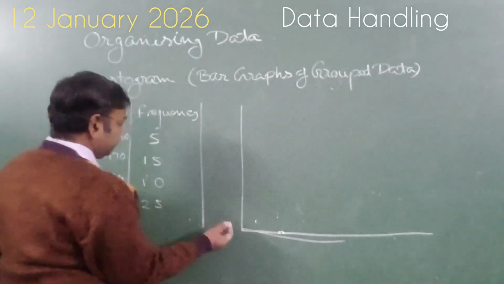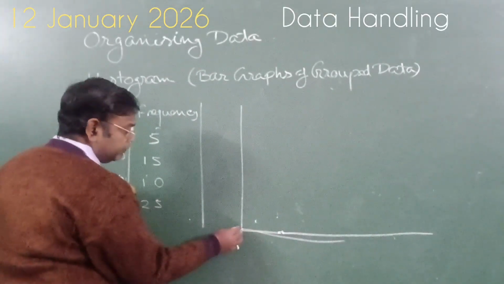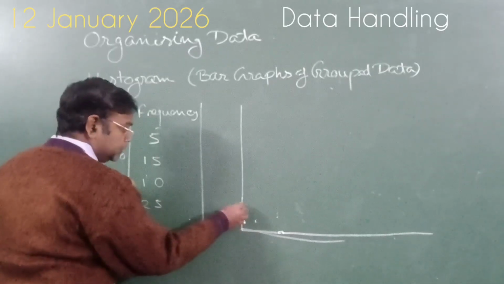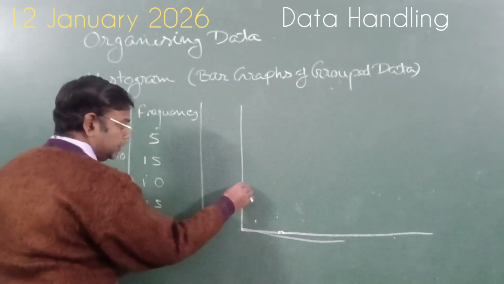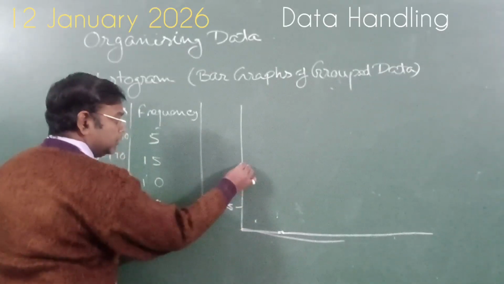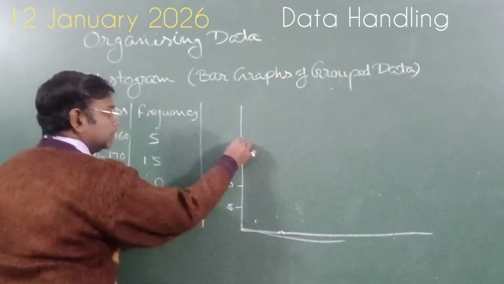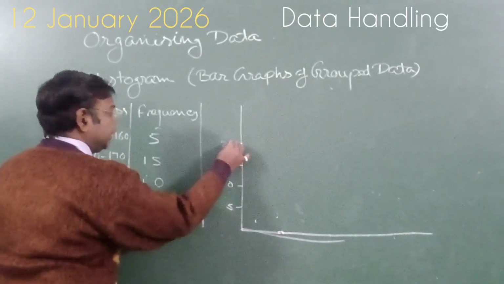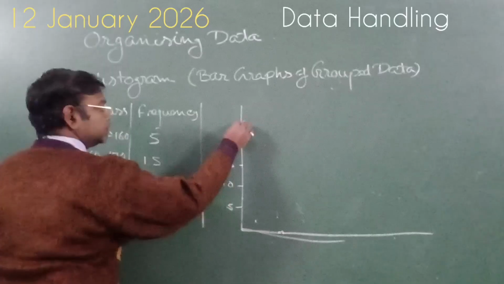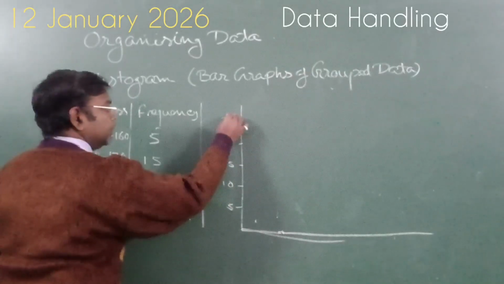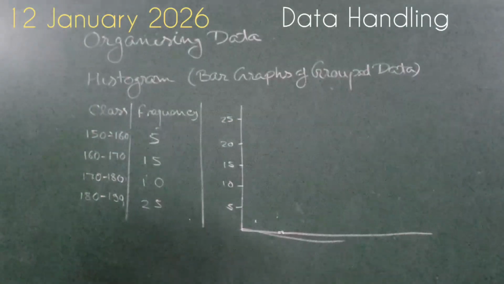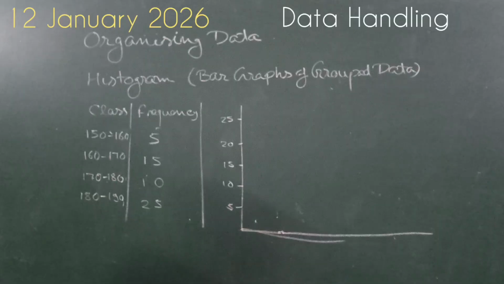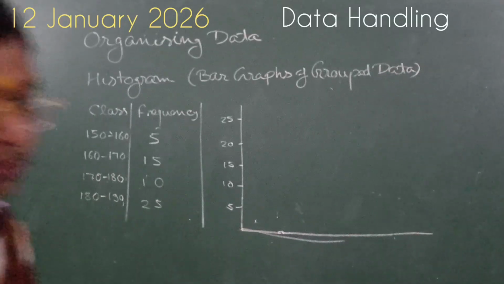These frequencies are multiples of 5. So starting from 0, then 5, 10, 15, 20, and this one is 25. Clear?